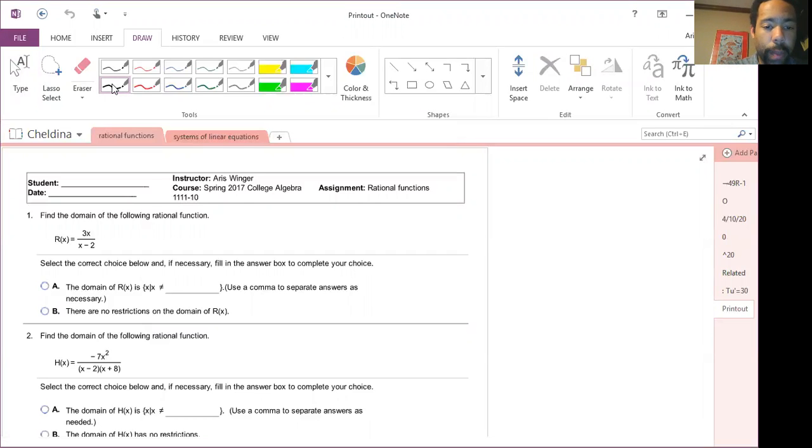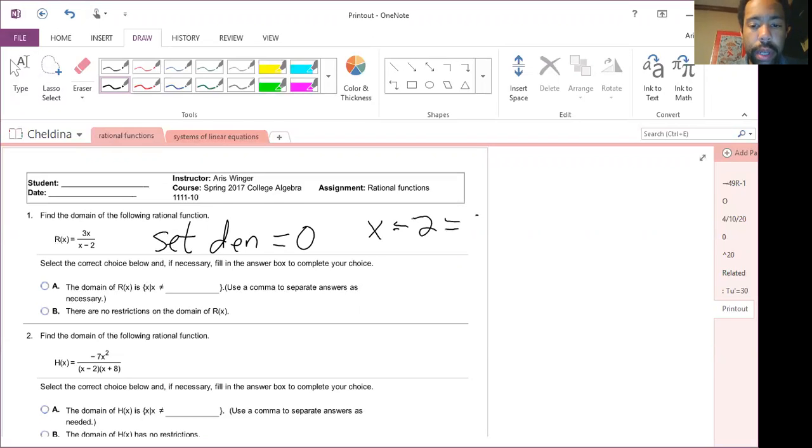To find the domain, you set the denominator equal to 0 and solve, and that'll tell you the places where you do not have a value. In this case, the denominator is x minus 2. You set that equal to 0 and solve.